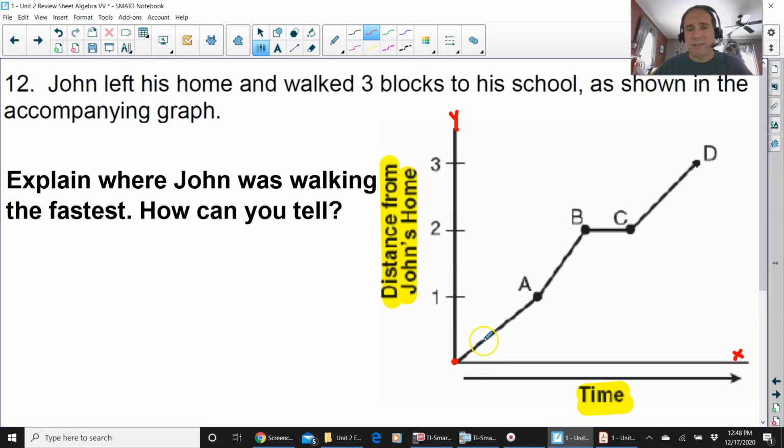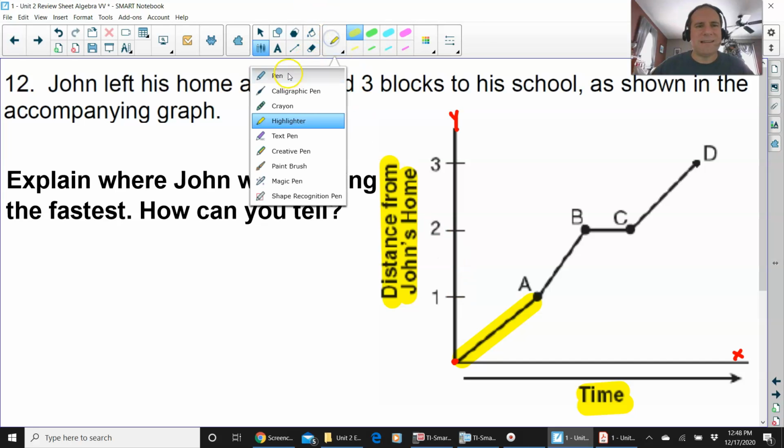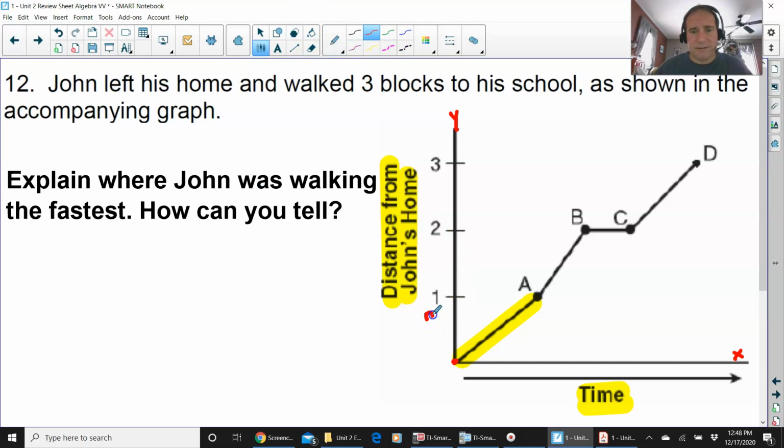So if he leaves the house right here, he's walking, then this right here is the distance. I'm just making this up, these are miles.